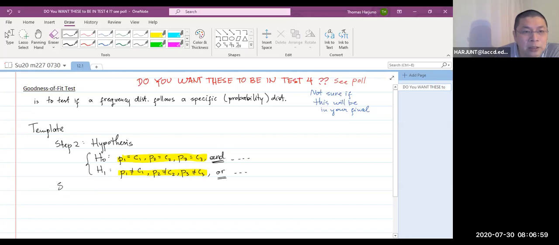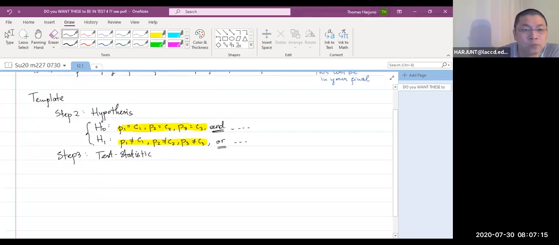Okay, now then the test statistic, step 3. The test statistic will be chi-square of O, where O is for observed, equal to the sum of observed minus expected, squared, over expected.